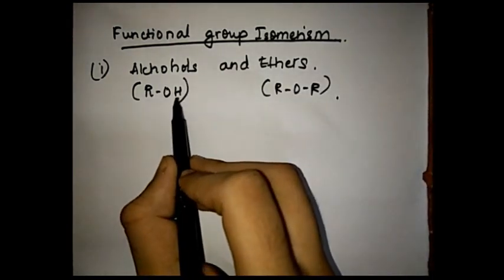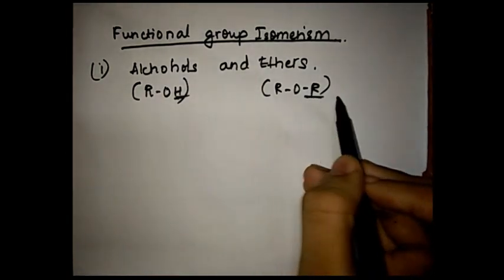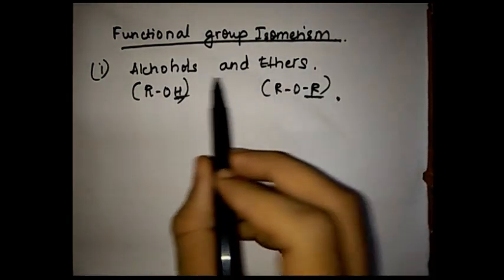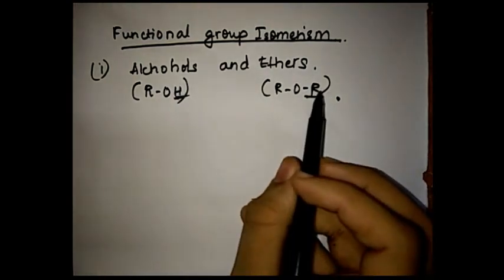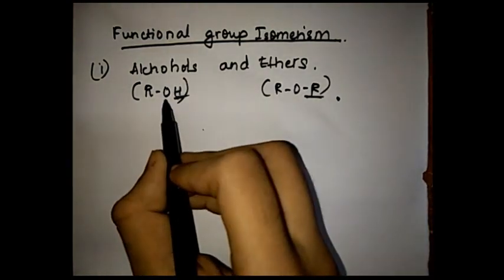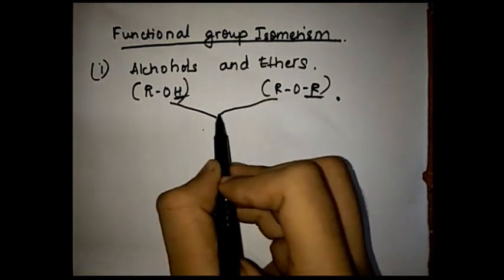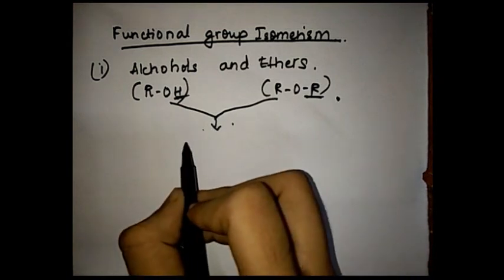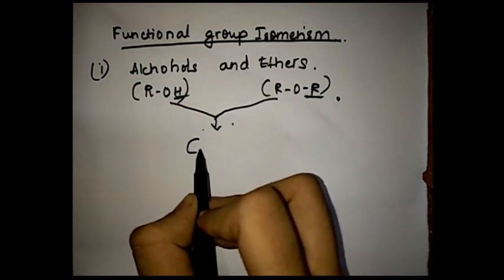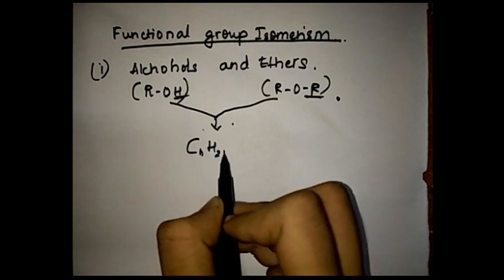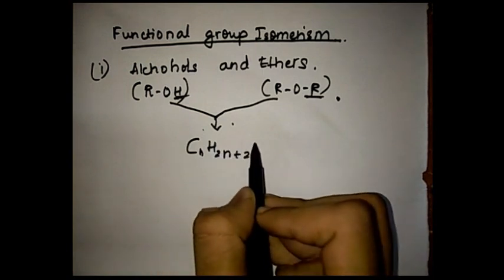So there is a difference of hydrogen and the R group in ethers and alcohols. Combining this logic, if we designate a general formula for this one, it will be CnH2n+2O.